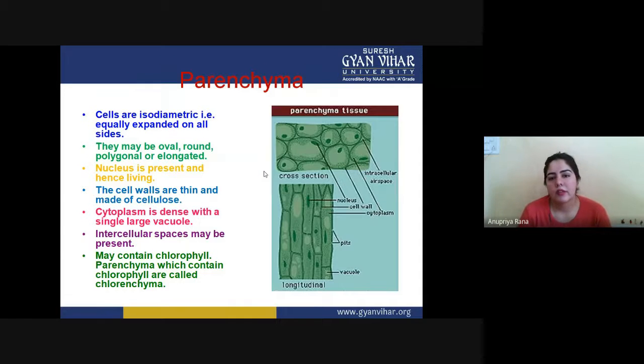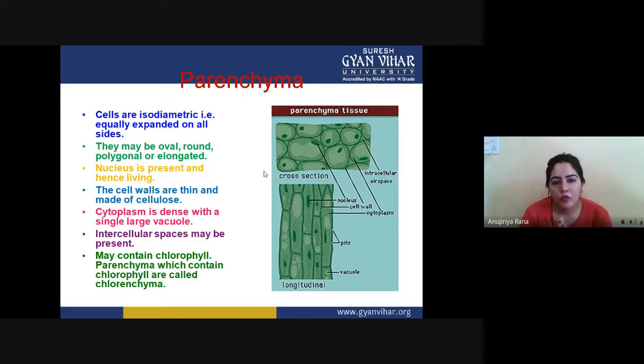Now, the very first cell of the simple tissue system we will take is parenchyma. If we see their characteristic features in the parenchyma tissue, you can see that the cells are isodiametric, meaning they expand equally on all sides. The meaning of isodiametric is that if a cell can expand similarly in all directions, we call it an isodiametric cell.